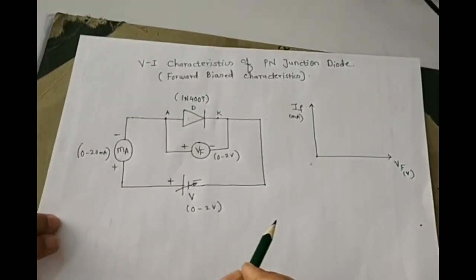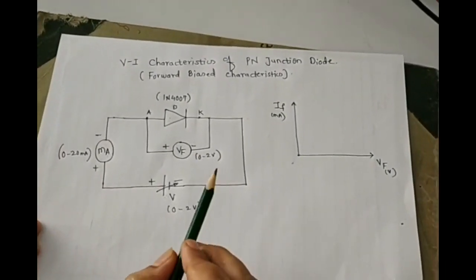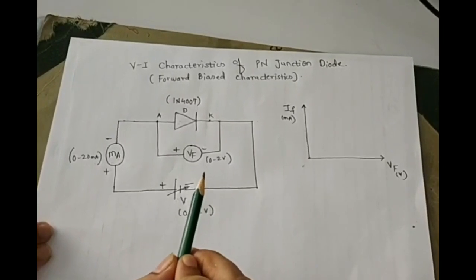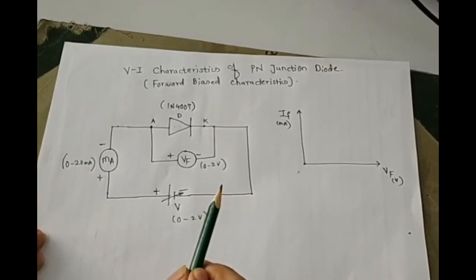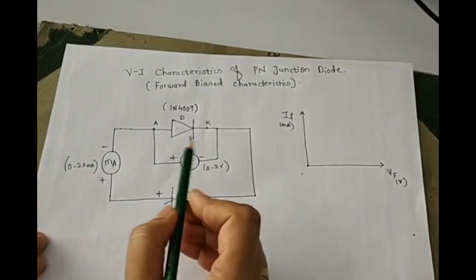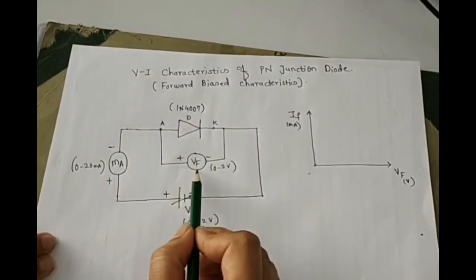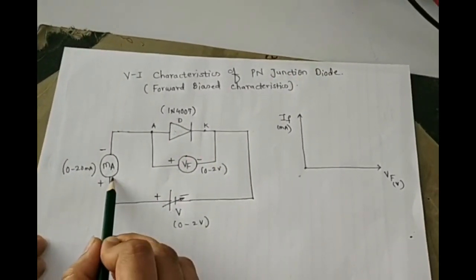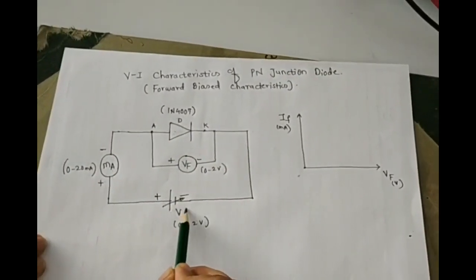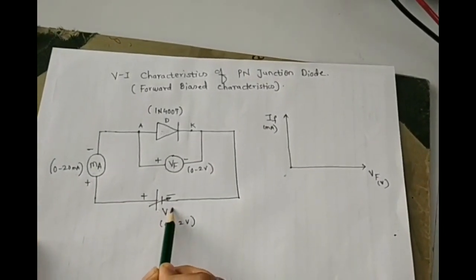So in all, to perform this practical of forward bias VI characteristics of PN junction diode, we require a diode, a voltmeter, a milliammeter, and the voltage we need to apply.